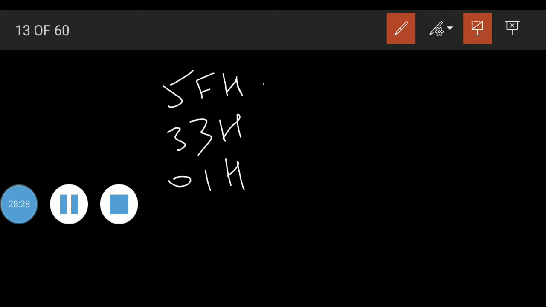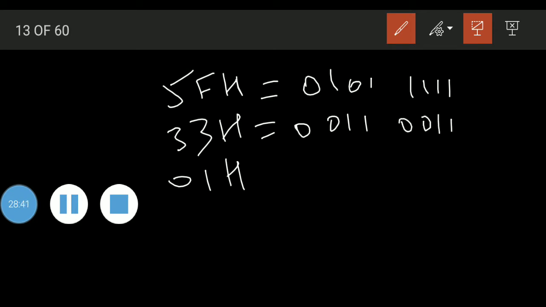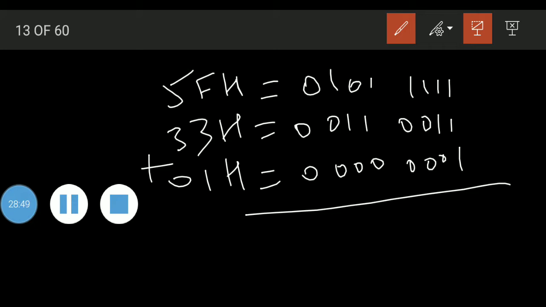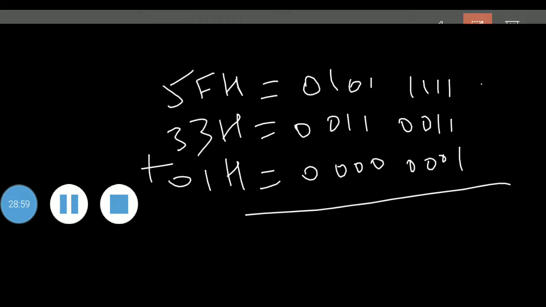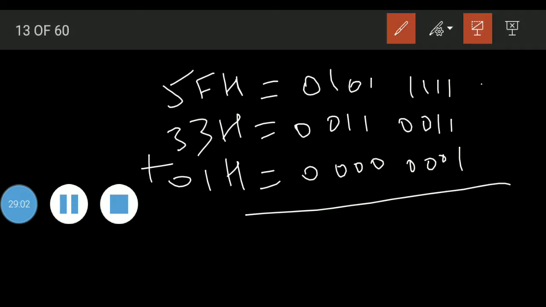5F, how will it be represented? 0101 1111. Again 33 is 0011 0011, and 01 is 0000 0001, will be represented in this way, okay. Now all this content will be added. 1 plus 1 is 0, carry 1, then 0 plus 1 is 1.